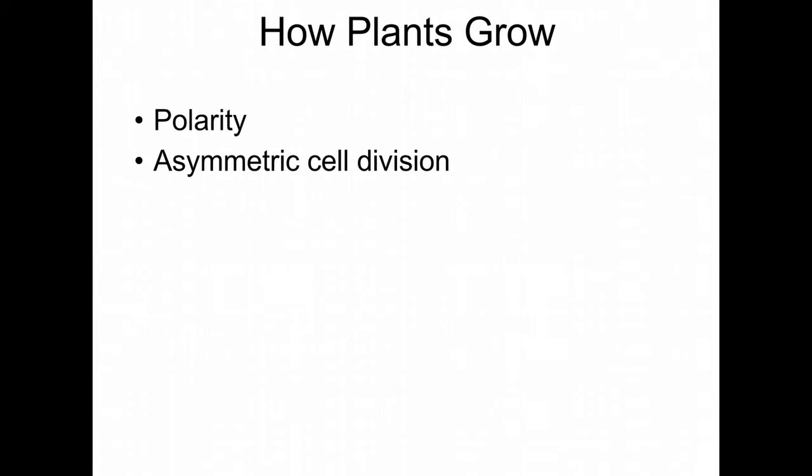How do plants grow? Anybody know the answer? If you look at a plant, what does polarity mean? What does the word polarity mean? Yes, sir. Directional, yeah, two different ends. So plants grow up and down.